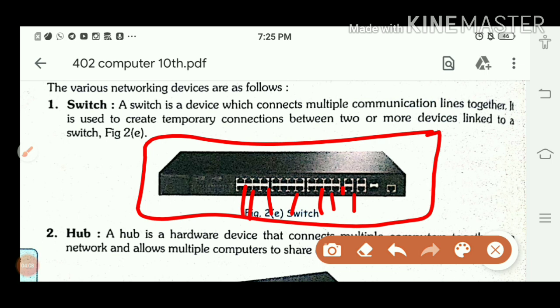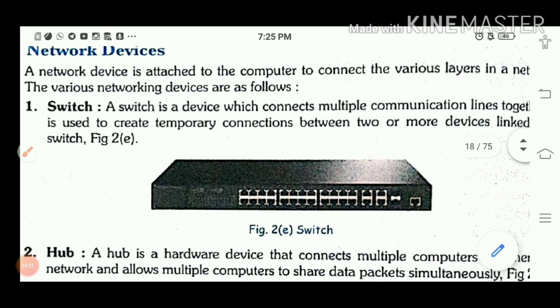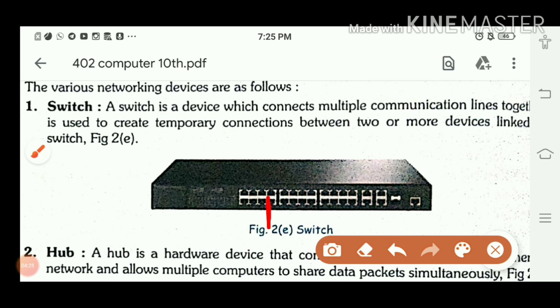A switch is a device that we use for connecting multiple communication lines, meaning multiple computers. And we use this switch for creating temporary connections. Why temporary? Because if you place a wire here, it is not compulsory that you will not remove it from there. So it is a temporary connection between two or more devices. So this one is the switch.